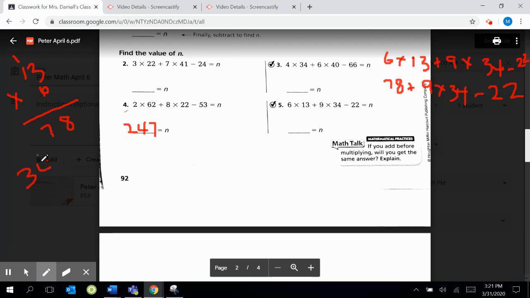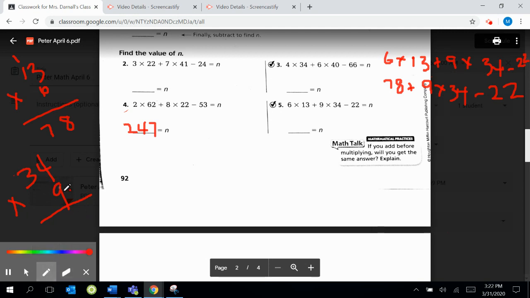So 34 times 9. 9 times 4 is... no, I was doing it to 10, not to 9.